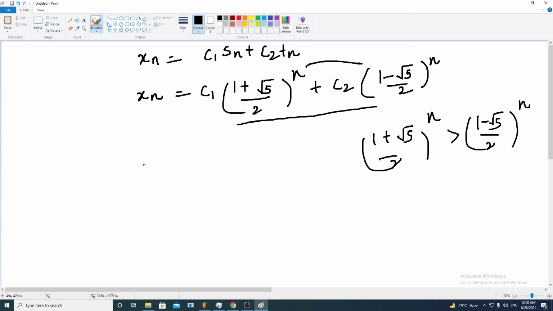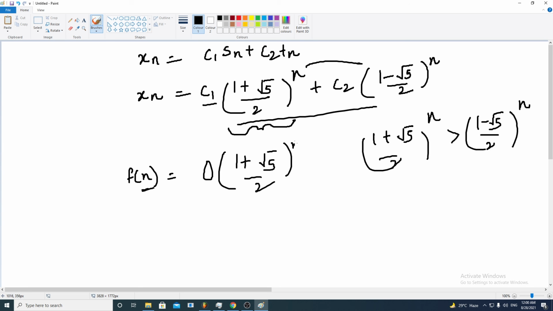So according to the time complexity rule, this function is going to dominate and determine the time complexity. For f of n, for n as a sufficiently large input, we'll ignore the constant as well, which is not going to matter, so it is O of 1 plus root 5 divided by 2, the whole raised to n.